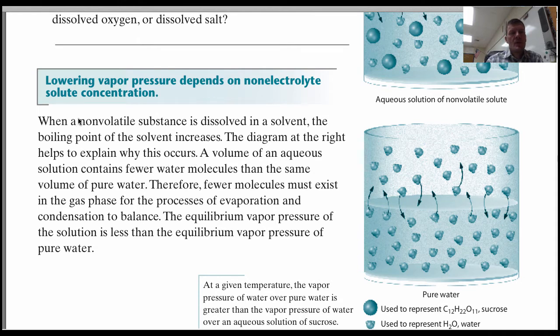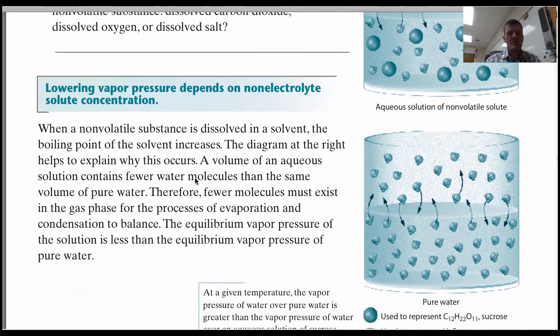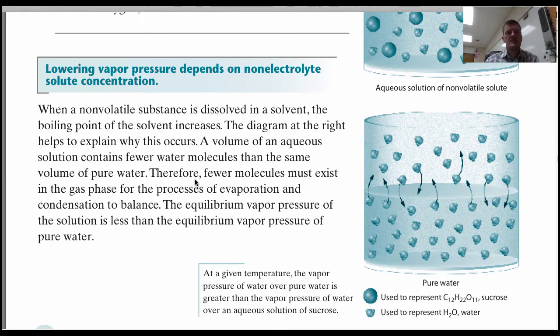Now, one thing that we want to understand, we're going to be talking about mostly solutions that don't evaporate very well. Those are called non-volatile substances. Okay, so they don't evaporate really easily. We're talking about solutions like that. Okay, and lowering the vapor pressure, that's the pressure above the liquid, depends on non-electrolyte solute concentration.